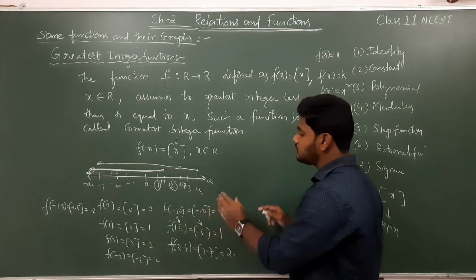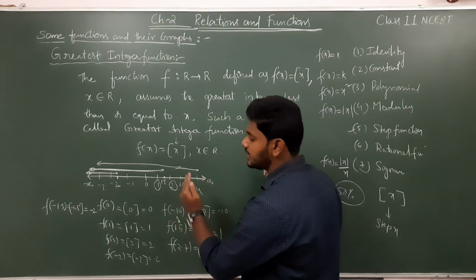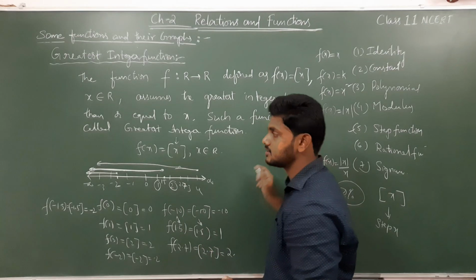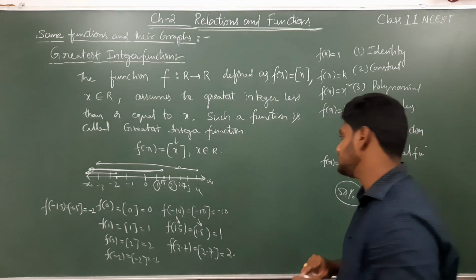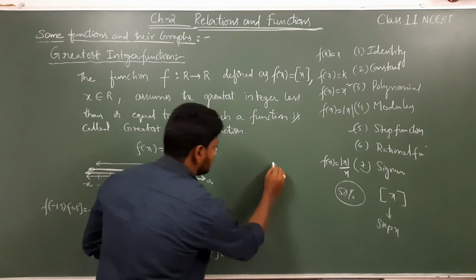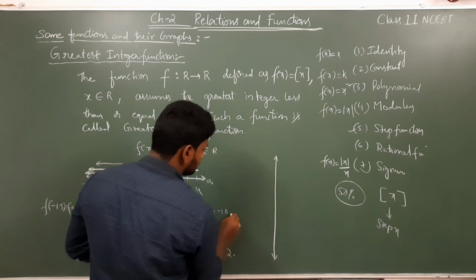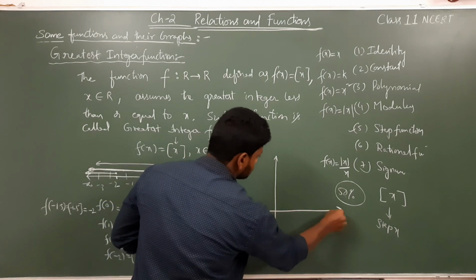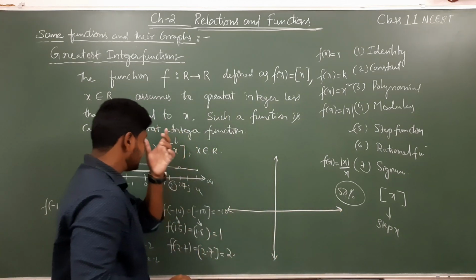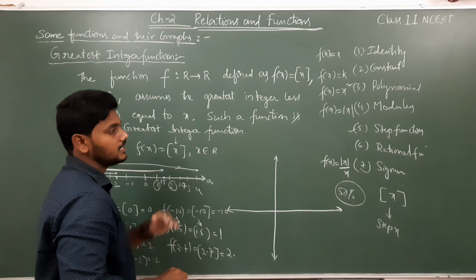That's why for integers we write the same value, but for positive decimals and negative numbers we take the left side integer. Now, when it comes to the graph of the greatest integer function, see carefully. This graph is very important. From this graph only, we consider this greatest integer function as a step function.